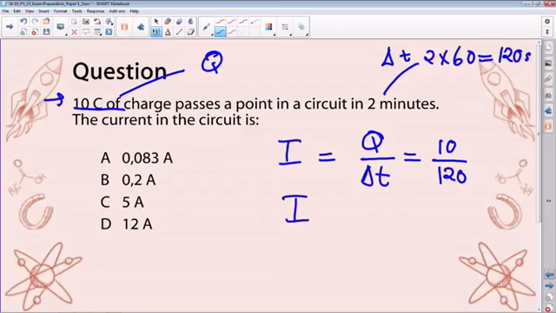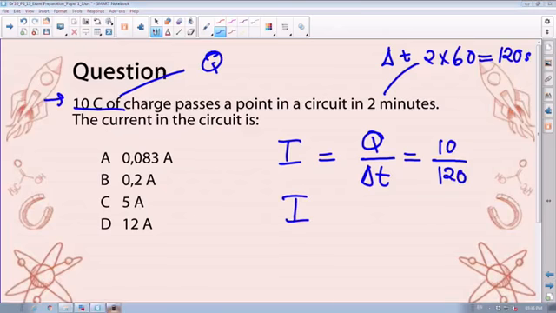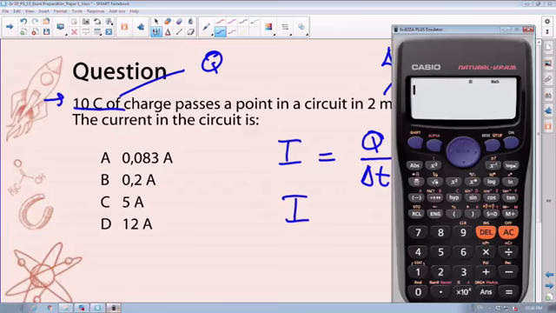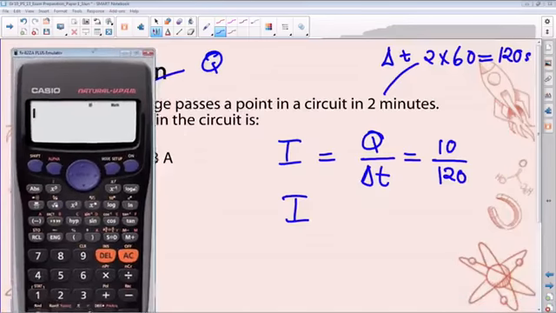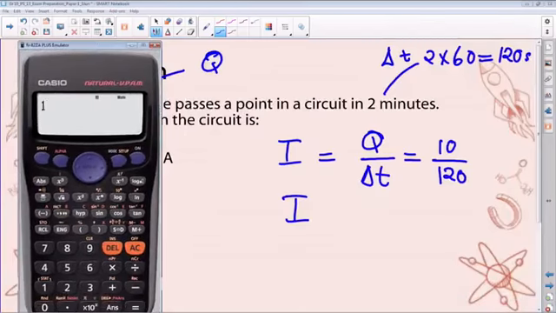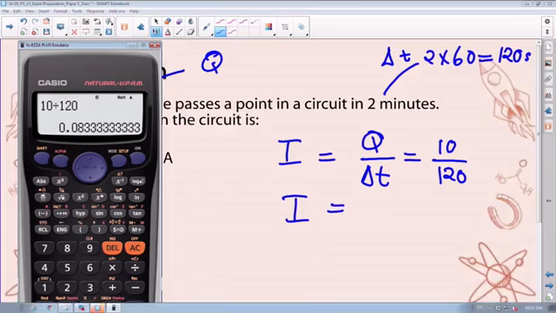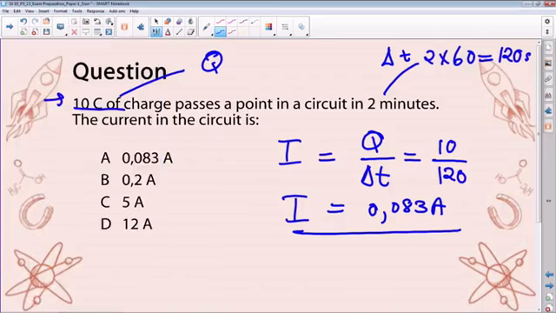If you can quickly go to the calculator, 10 divided by 120 gives us exactly 1/12, so our current in this case is 0.083 amperes. Remember, the units are very, very important. The units are amperes, which means in this case our solution is A.